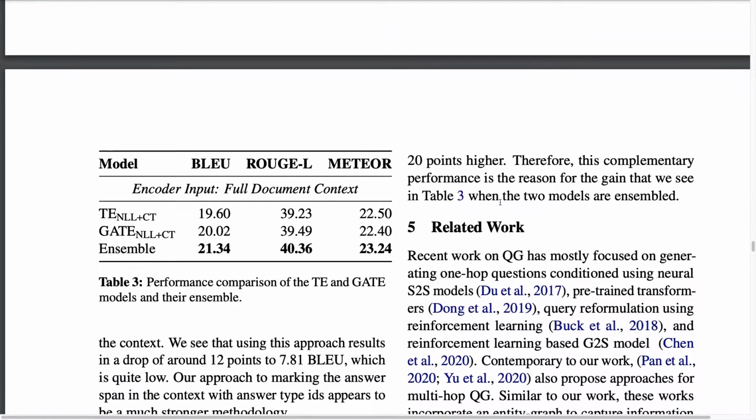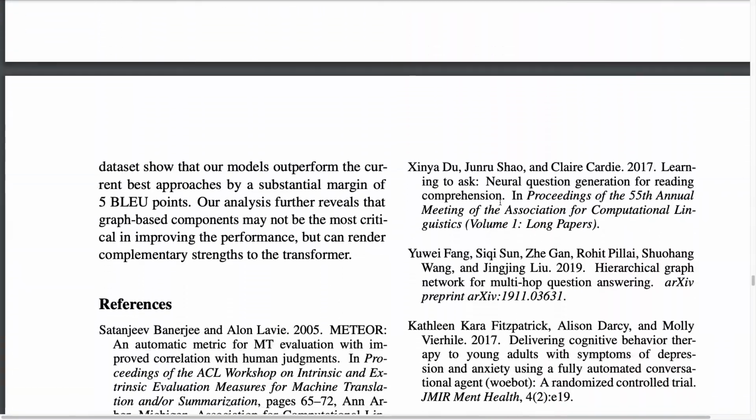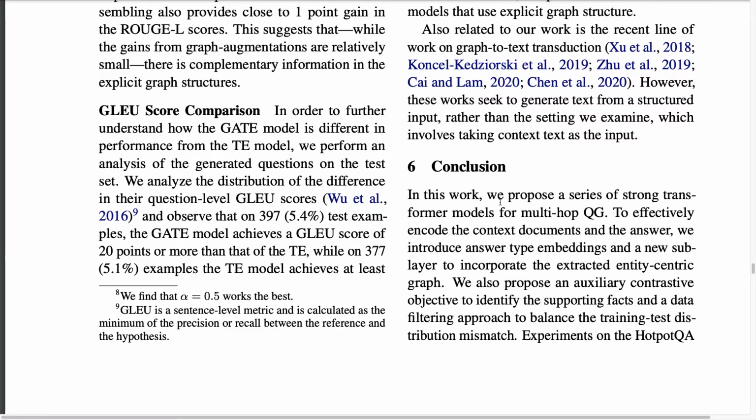So to sum up, authors propose 2 new models for multi-hop question generation. One just based on the standard transformer approach without doing any special inputs, basically inputting the text.